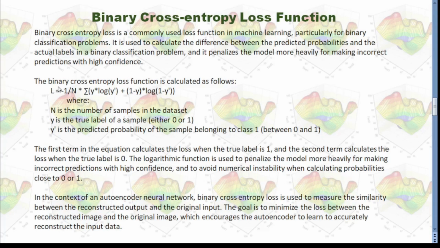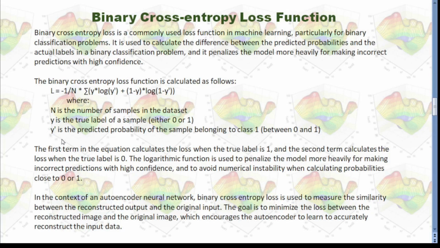The binary cross-entropy loss function is calculated with this formula, where capital N is the number of samples in the data set, and Y is the true label of the sample, so it will be either 0 or 1.